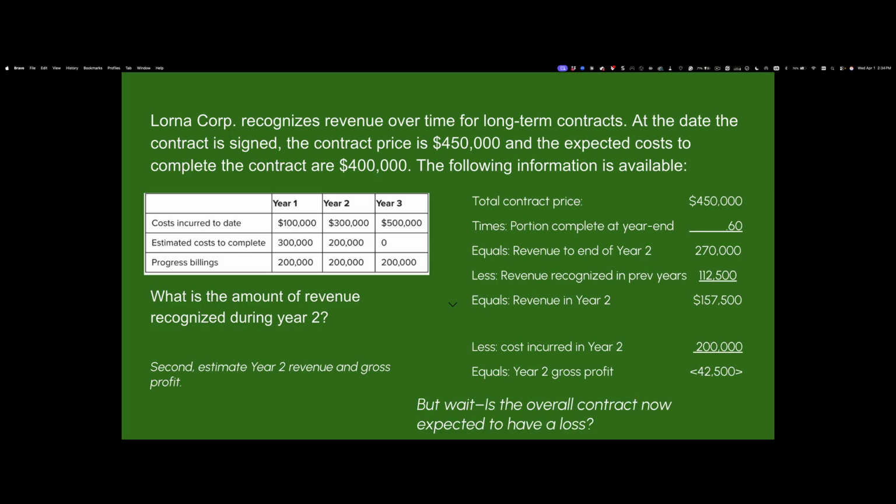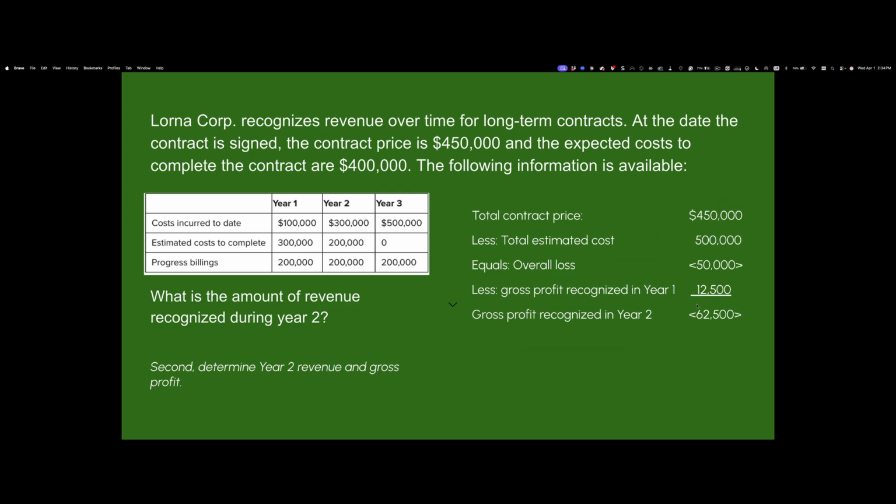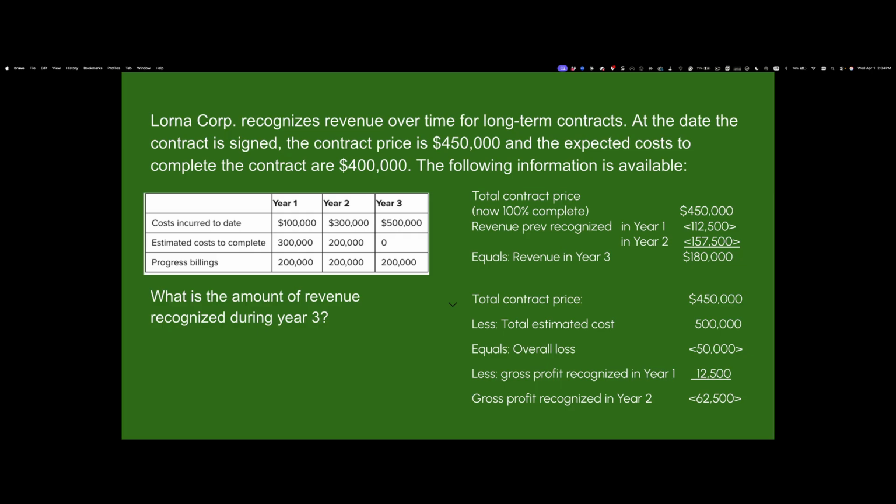We have just to show, we have the $157,500 of revenue, but in terms of gross profit, we have a $62,500 loss that needs to be recorded in year two. We're not going to do the journal entries. All we're going to do is show that we have the $62,500.